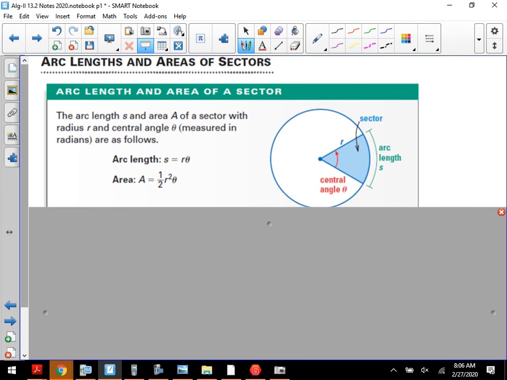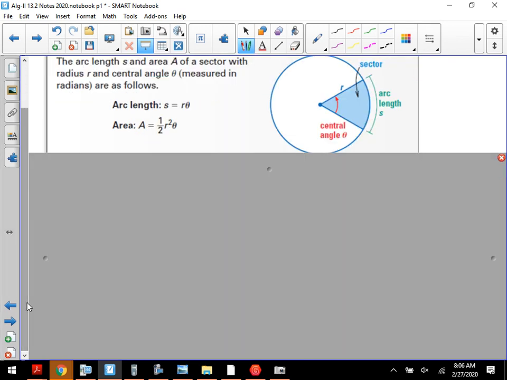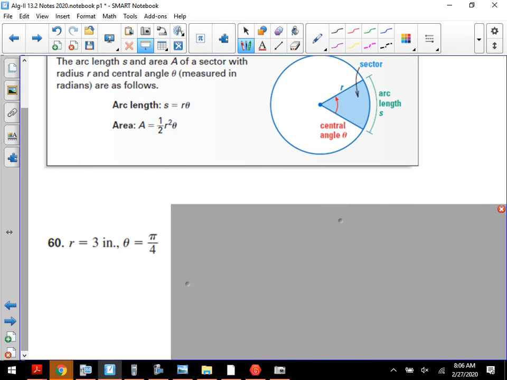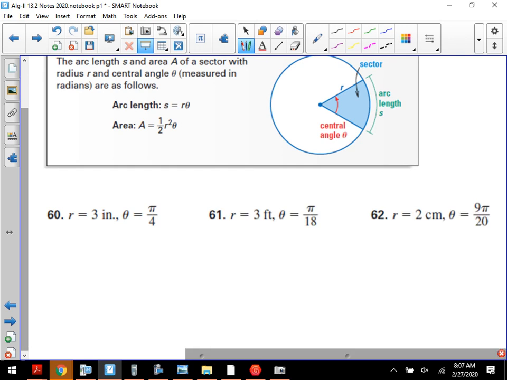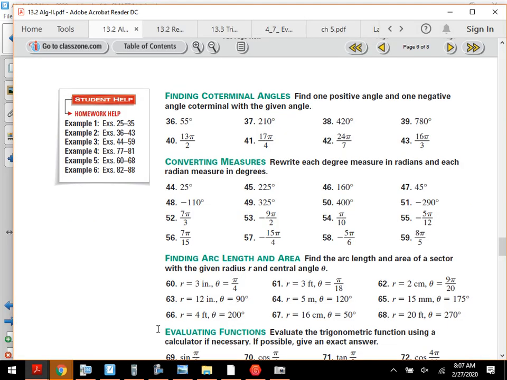So let's look at an example. For each of these, I'm going to find both the arc length and the area of the sector.